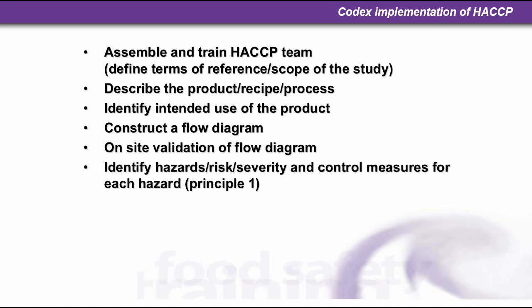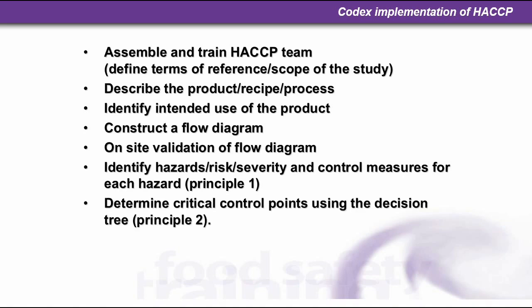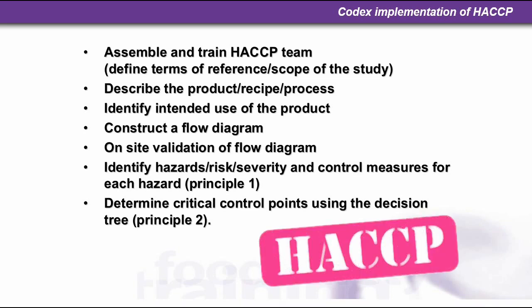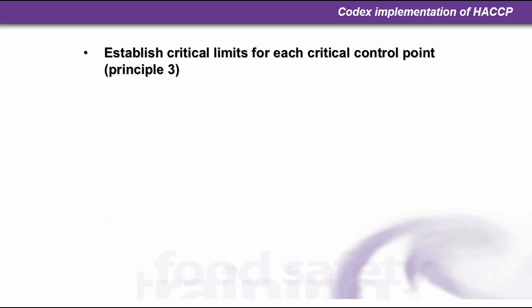And then we go on to the 7 steps of HACCP. Identify the hazards, the risk, severity, and control measures for each hazard. So that's Principle 1. Determine critical control points using the decision tree, which is Principle 2. Principle 3: establish critical limits for each critical control point.